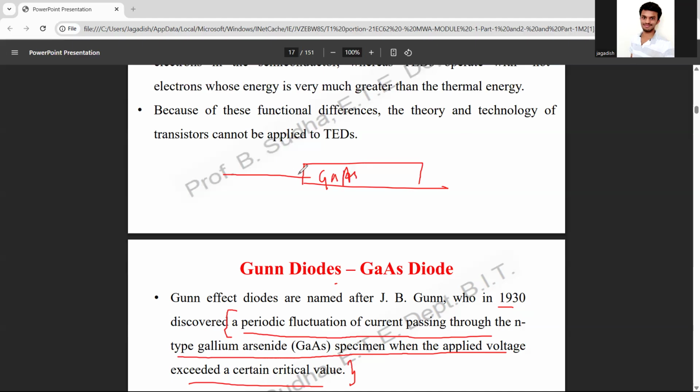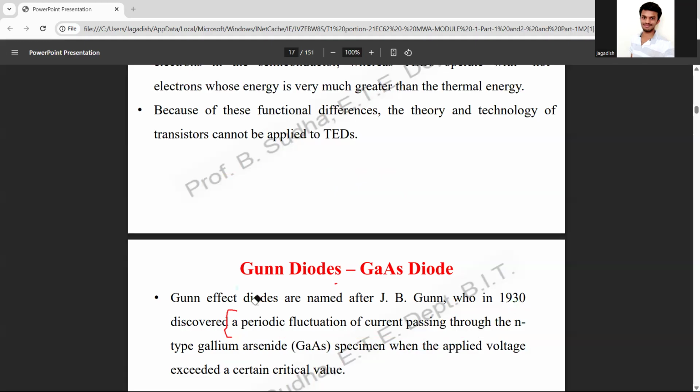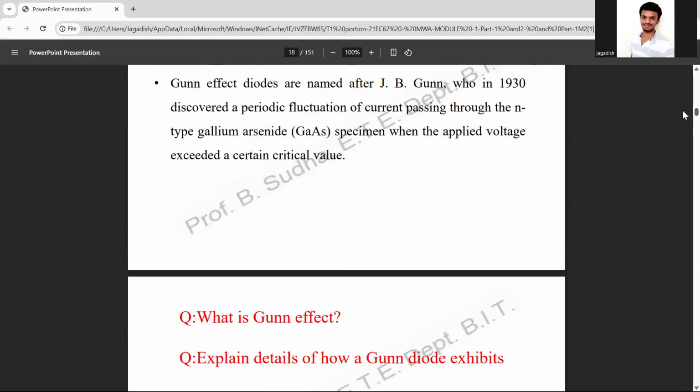So whenever a current was passed through this gallium arsenide, what happened? In that specimen, the applied voltage exceeded some critical value, and that led to the diode's discovery. First you have to write this definition, in the year 1930, and you have to write N-type gallium arsenide only.